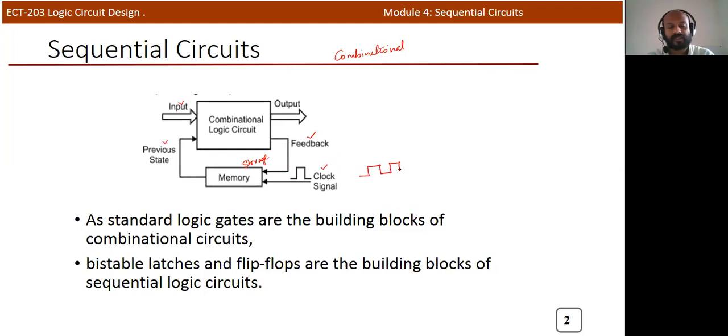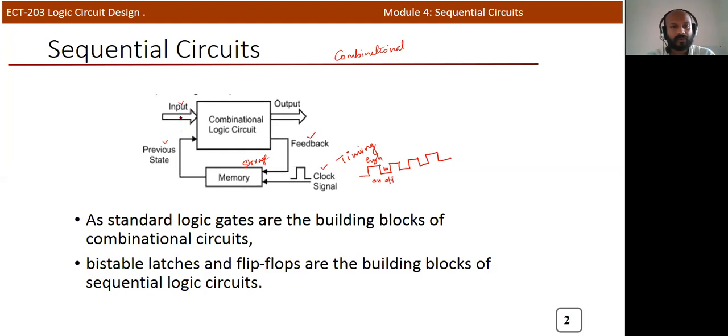A clock signal is a square waveform, and there will be on time and off time, logic high and logic low level. It's a repeating waveform, so there is actually a timing circuit. Based on this timing, the output is changing.